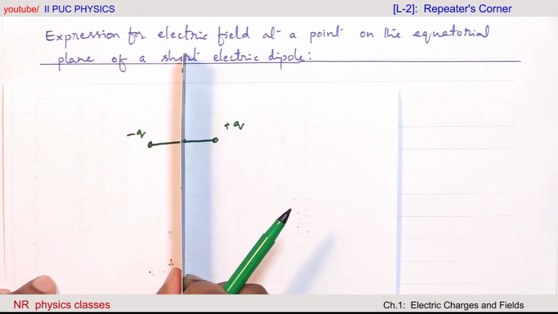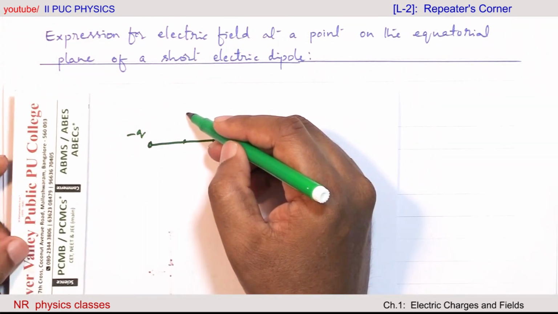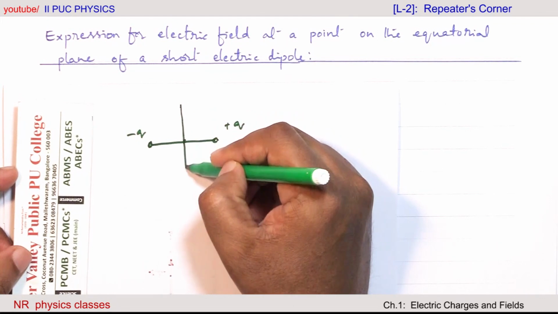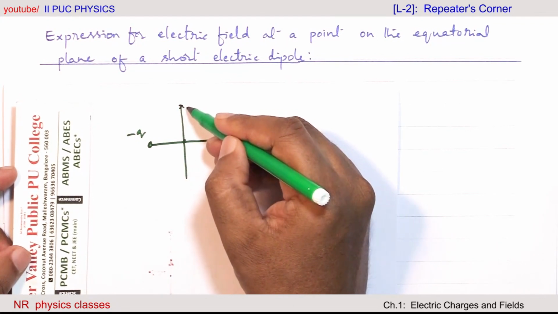Okay. Now we should find the electric field intensity or electric field at any point on the equatorial plane.